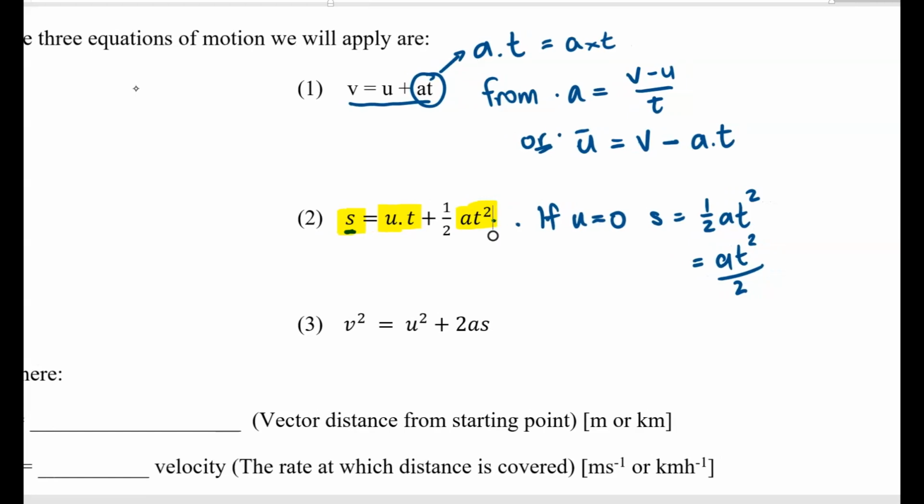A little bit later on we'll come across a couple of examples where things are dropped in a gravitational field, and you just replace A by G. We've seen that before. Where you drop something, the acceleration becomes 9.8.